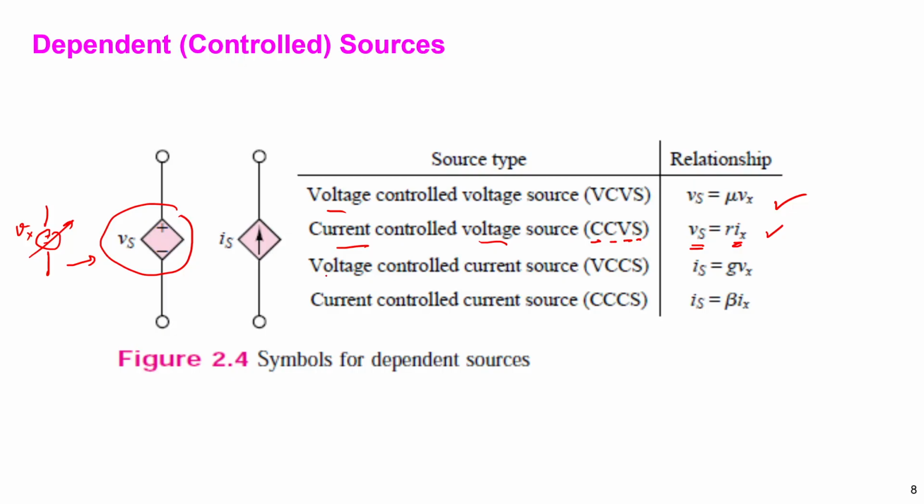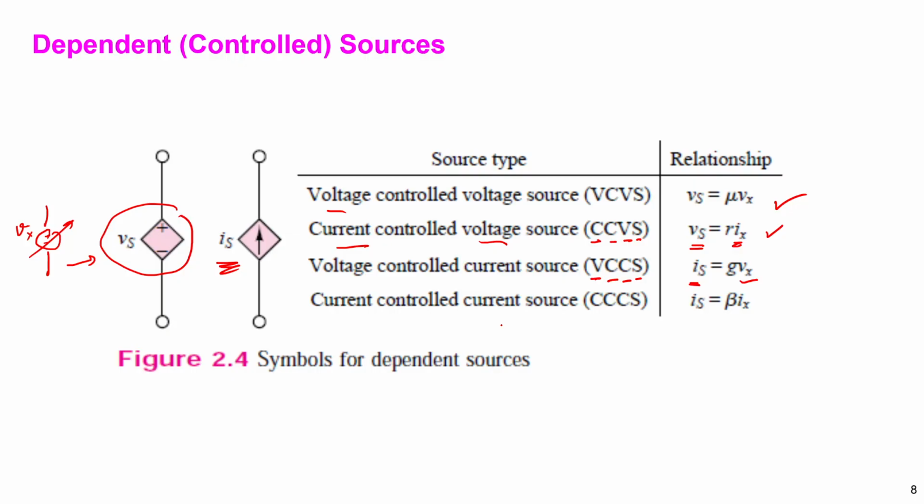And we can have a current source that depends on voltage or on current, which are the voltage controlled current source and the current controlled current source. The voltage controlled current source is a current source controlled by the voltage. If we change Vx, Is will change. For the current controlled current source, if we change the current, Is will change.